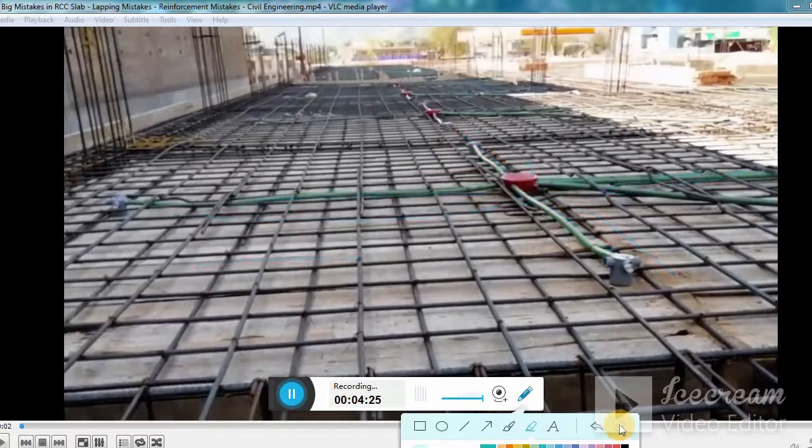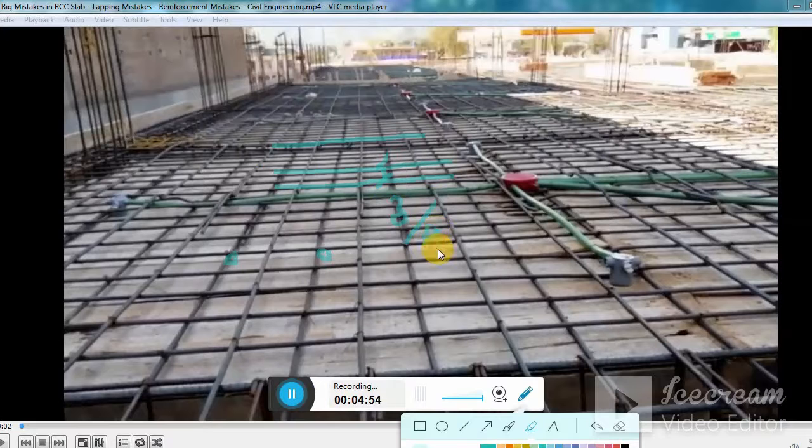Clear? The other thing which I see over here is that no chairs are provided to the reinforcement, you can say, for concrete cover. Okay, because when we are designing a concrete slab, we provide a clear cover to the bottom reinforcement of around about 3 by 4 inches.